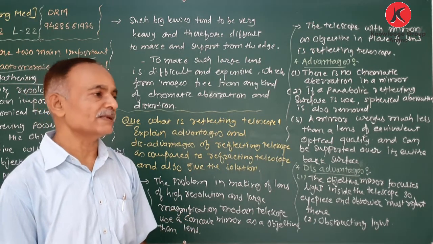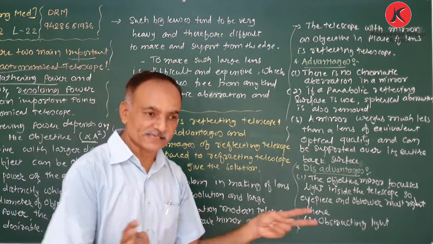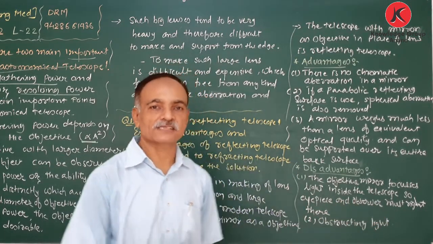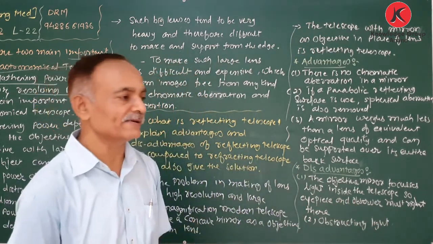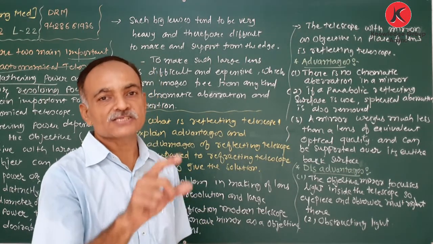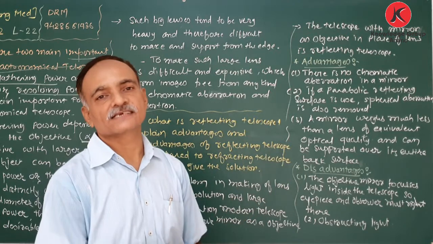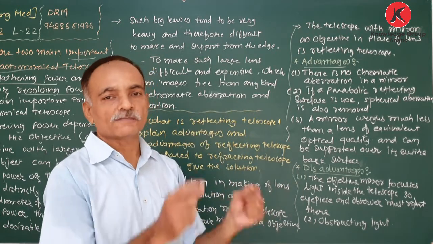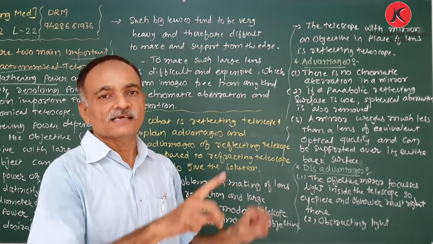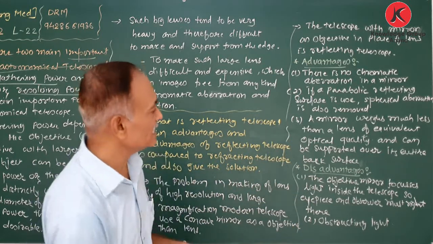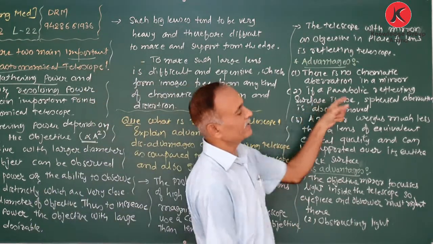As we increase the diameter of a lens, after a certain value of increase in diameter, the image obtained is colorful at the edges. Not the entire image is colorful, but the edge of the image is not clear and is made up of different colors. That is known as chromatic aberration.